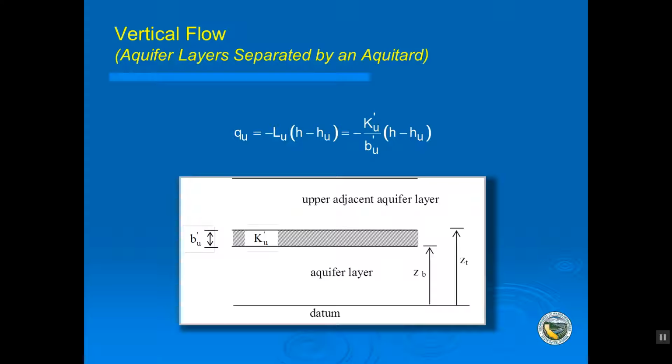Just to remind you again, you can either have aquifer layers in your model that are separated by actual hydrogeologic formations like clay layers. If that's the case, this is the flow term that we use: leakage of this clay layer times the head difference between the 2 aquifer layers, and the leakage is essentially given with this form, vertical hydraulic conductivity divided by the thickness of the clay layer.